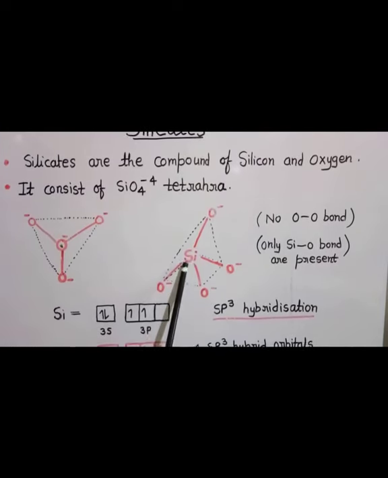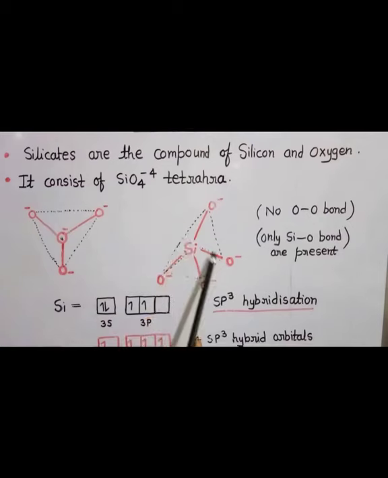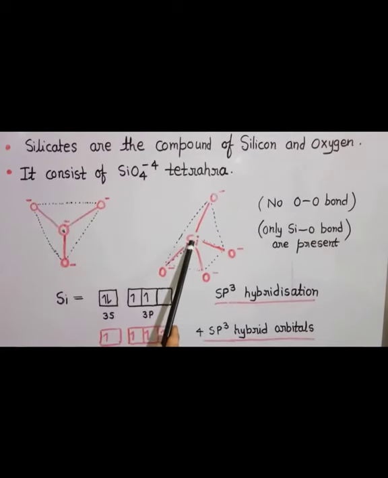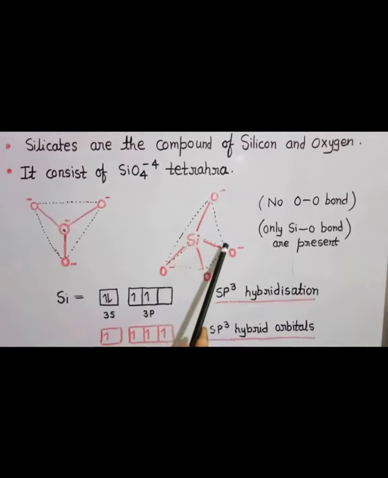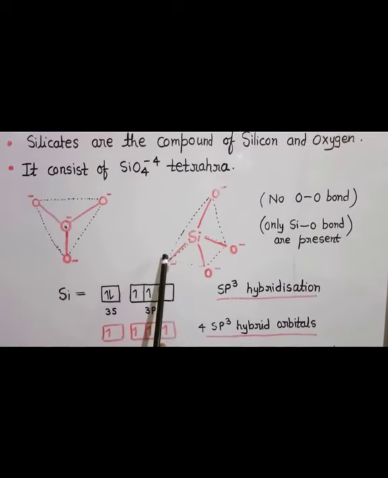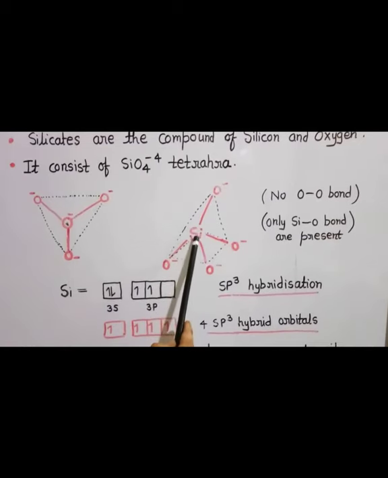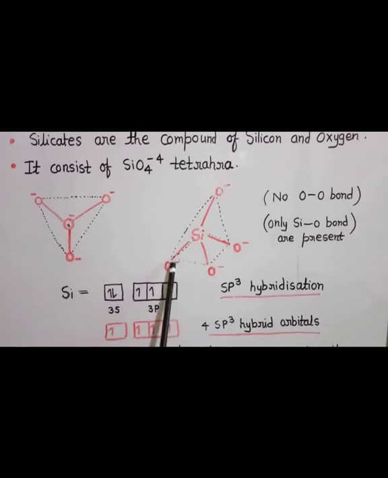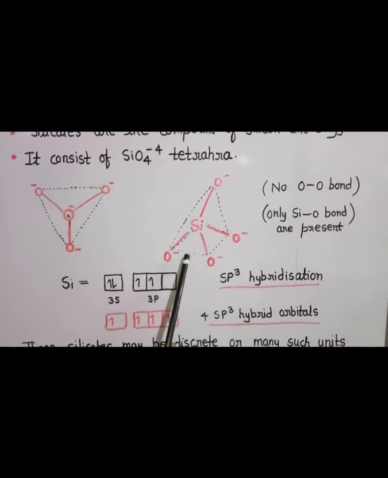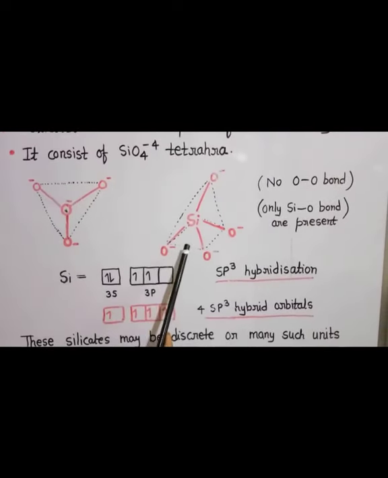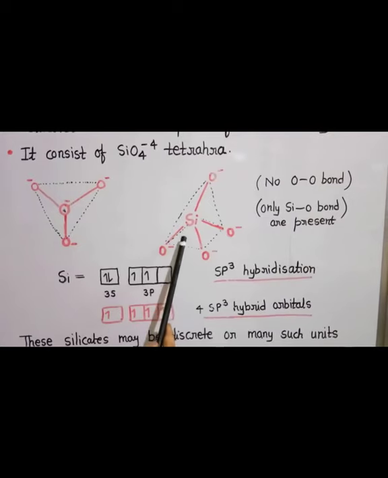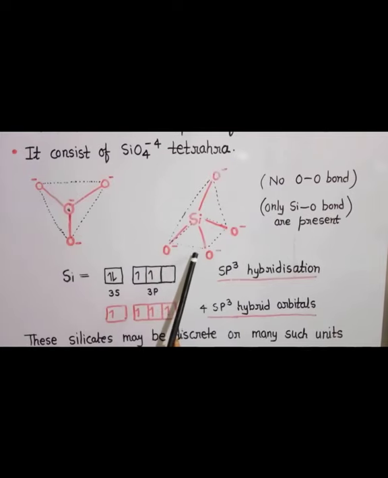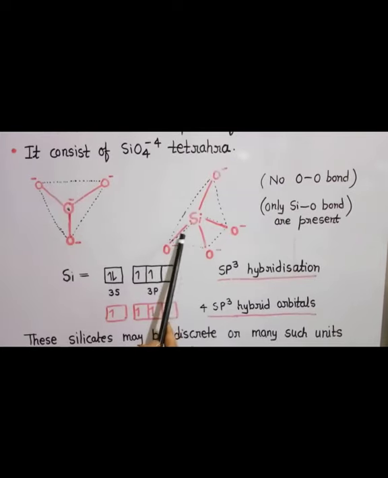The center atom is silicon, and the 4 oxygen atoms are bonded to the silicon atom only. All the oxygen atoms are directly attached to silicon, but one oxygen cannot bond with another oxygen. So there is no oxygen-oxygen bond, only silicon-oxygen bonds are present.